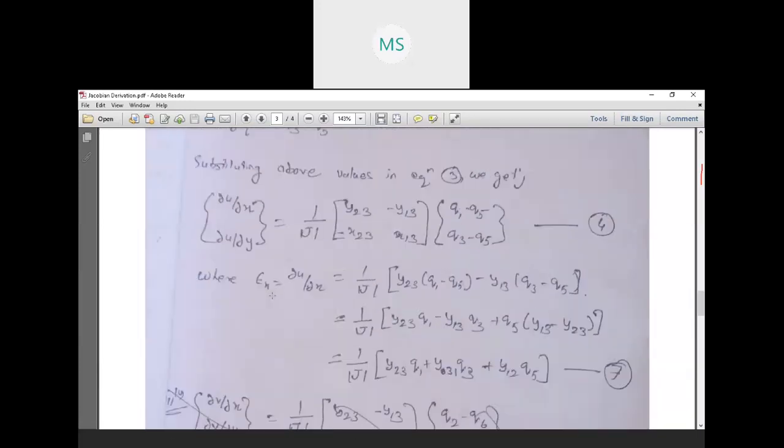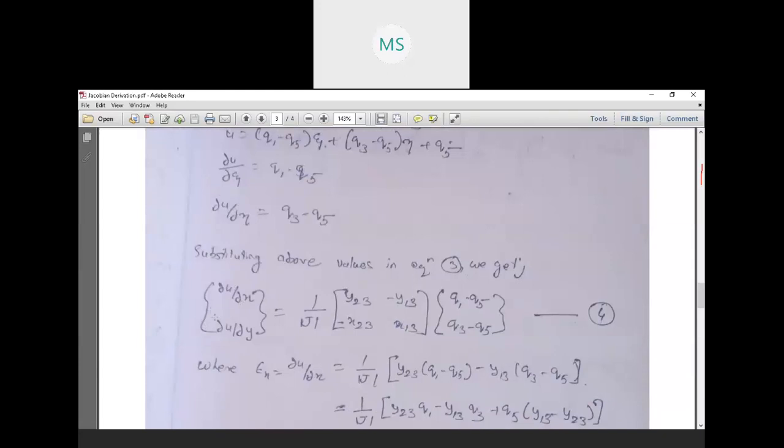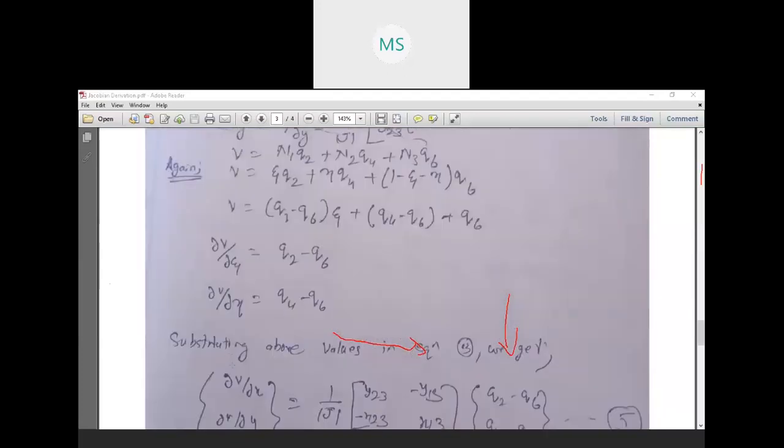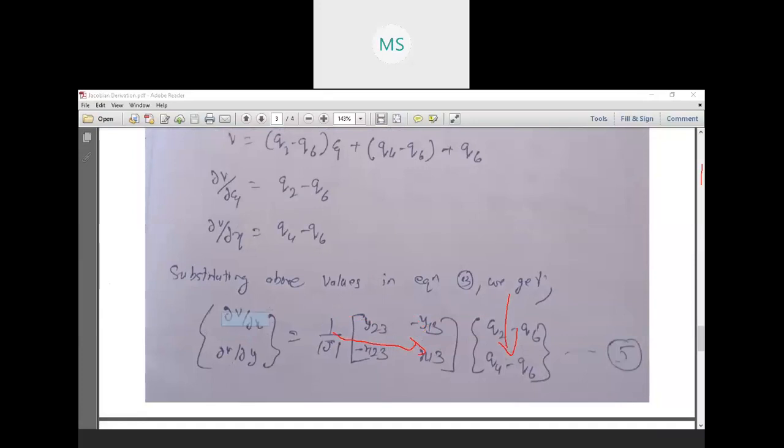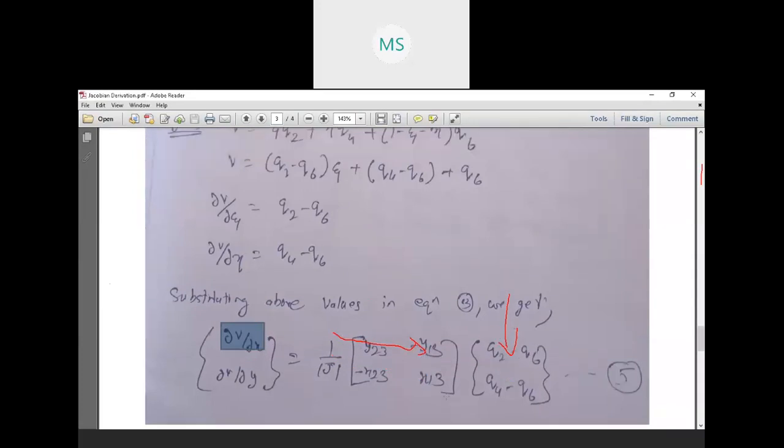So how will I get this del u by del y? Simple, like how we have done earlier, we will multiply the second row. The same thing goes for del v by del x, this expression; for that we need to go for the first row and the column.